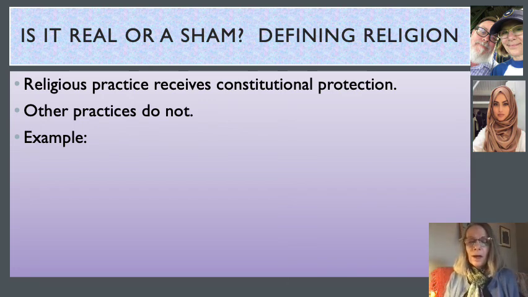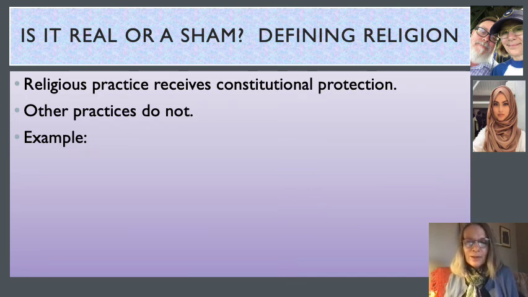If you're Muslim, you also have food restrictions and preferences. You cannot eat prohibited foods like pork, and there are certain foods that you can only eat if they're prepared a certain way through the halal method. And so, if you're a prisoner and you're Muslim or Jewish, then the prison has to make sure that you get that food because it's related to your religious practice.